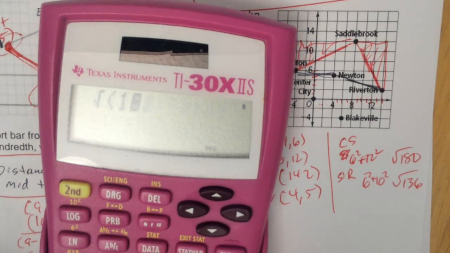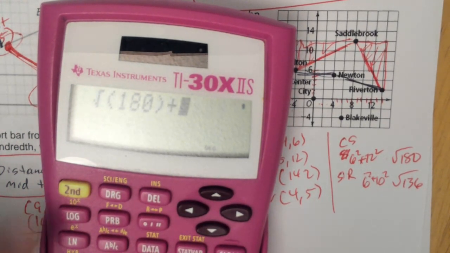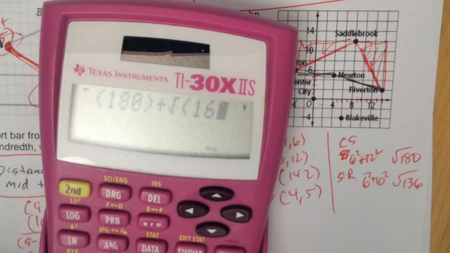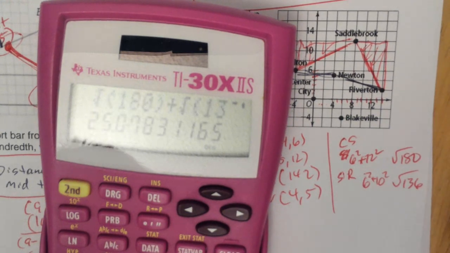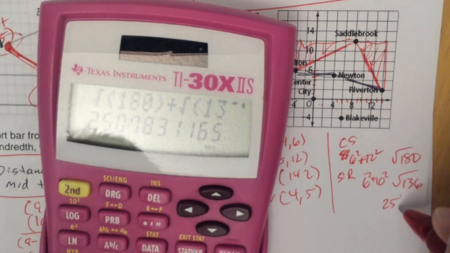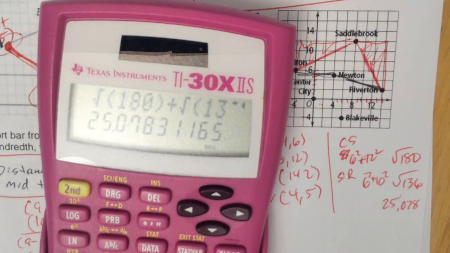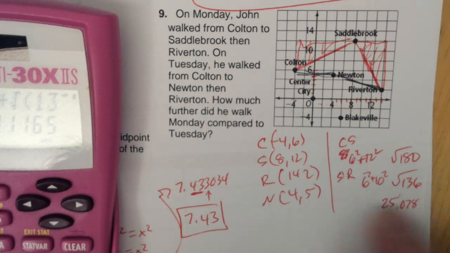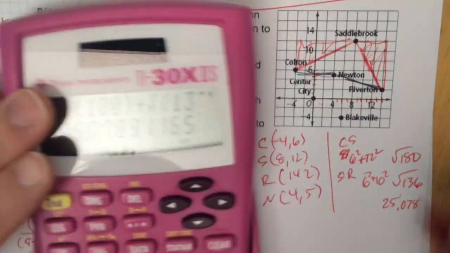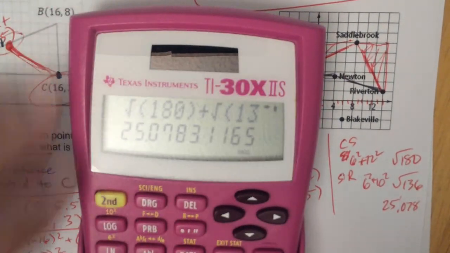Square root of 180, close parentheses, plus the square root of 136, and we went 25.078. And we should actually use every single decimal while we're doing this, but I just ran out of room. But you get the idea right there.